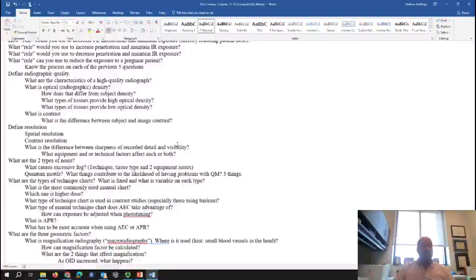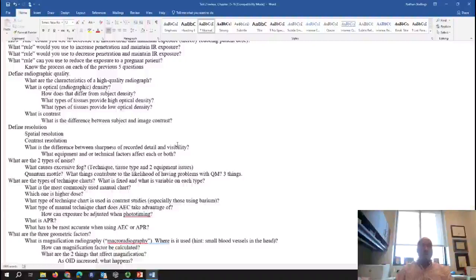If we use a technique that creates more scatter radiation, higher KVP, then we're going to have more fog. If we're using high KVP and no grid, then we're going to have more fog. If we don't collimate, we're going to have more fog. So that would be KVP and collimation and grid use. What creates the fog and then what cleans up the fog.